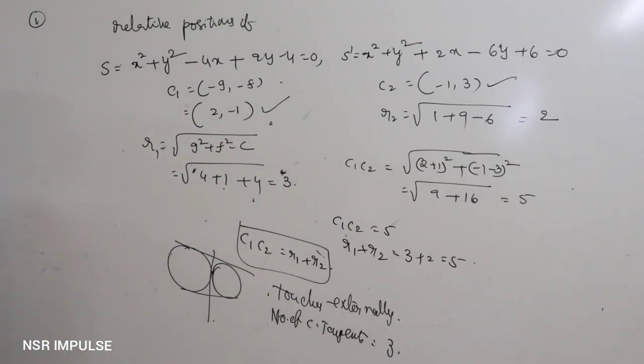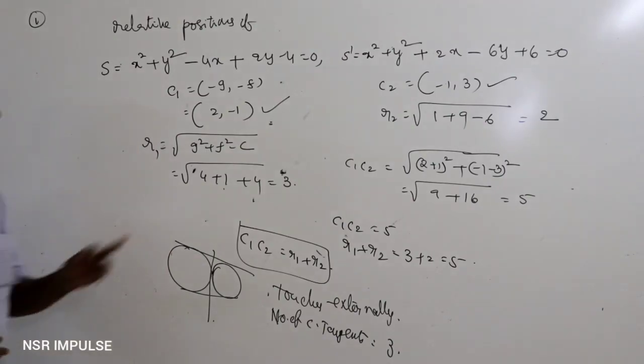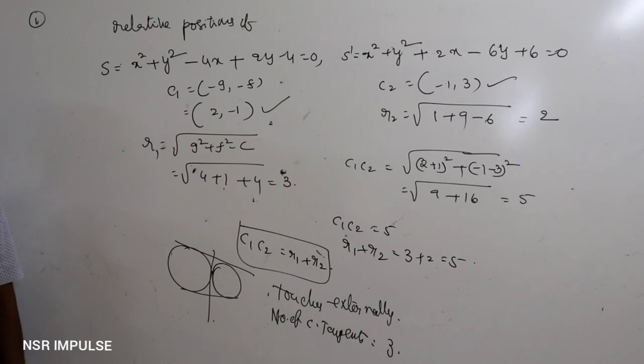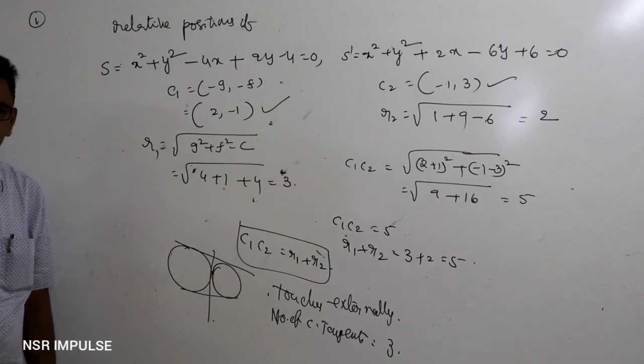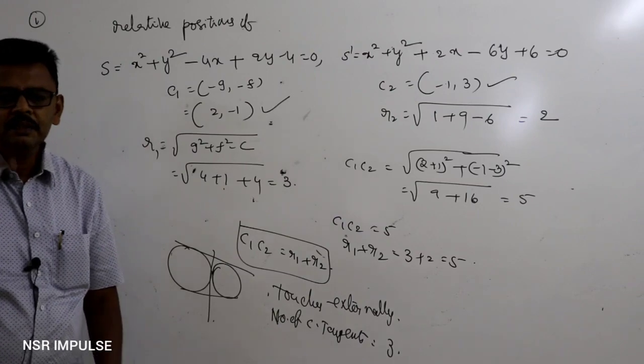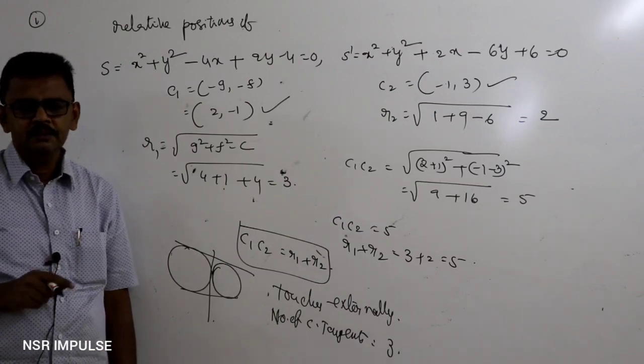Number of common tangents: there are so many cases. If C1C2 is greater than R1 plus R2, 4 tangents. C1C2 equal to mod of R1 minus R2, 1 tangent. Mod of R1 minus R2 less than C1C2 less than R1 plus R2, the circles intersect each other, so 2 tangents.